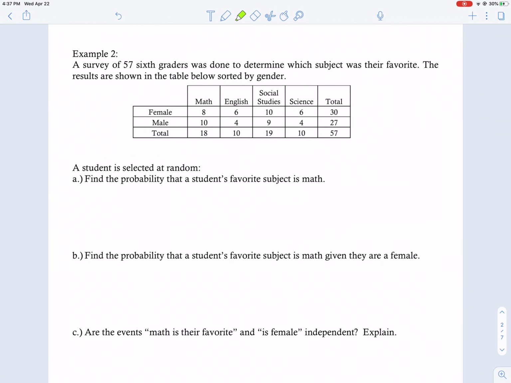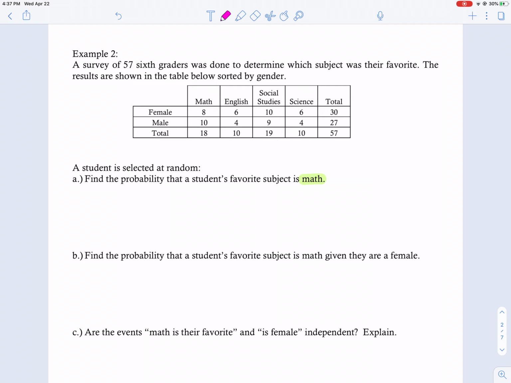Everybody go to number 2. It's giving you a survey of 57 sixth graders, talking about their favorite subject, broken down into male and female. The first question asks, find the probability that a student's favorite subject is math.